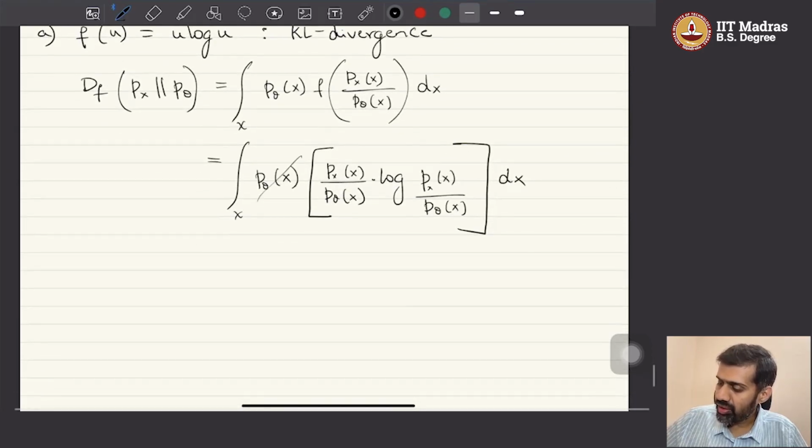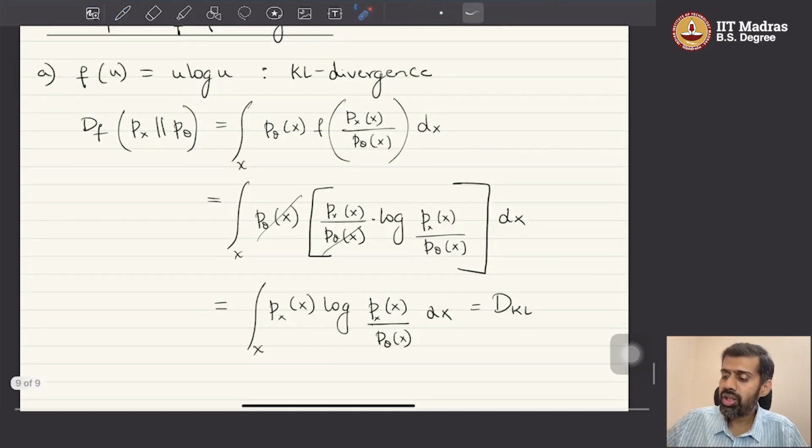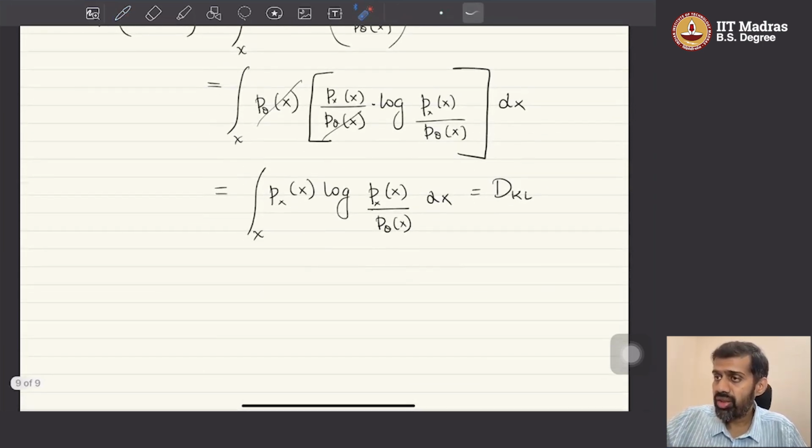Now this p_theta cancels away, which would make it p_x log p_x over p_theta, which is the definition of the famous KL divergence. So KL divergence is a special case of f-Divergence with this particular choice of the f function. As you can see, f-Divergence will give you access to a large family of divergence metrics that can be used for different purposes.